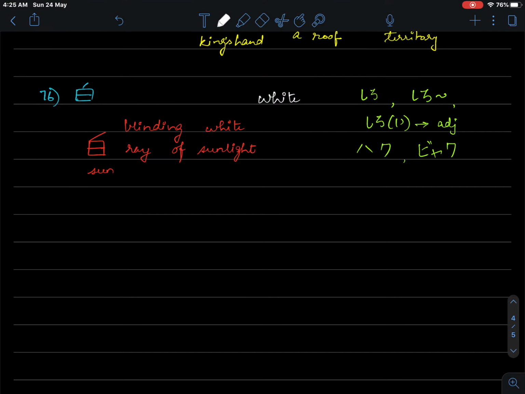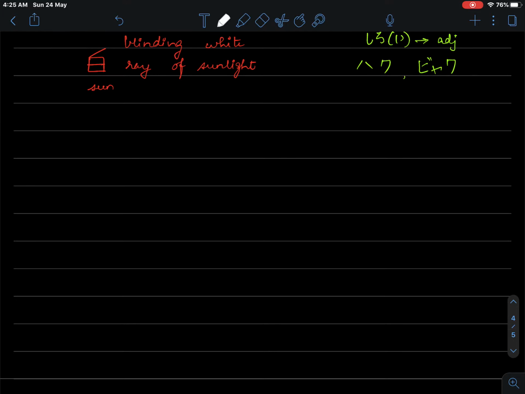Let's quickly have a look at some words. So we'll first start by seeing how we write the kunyomi. This is shiroi, which means white. Okay, let's have a look at the next one.